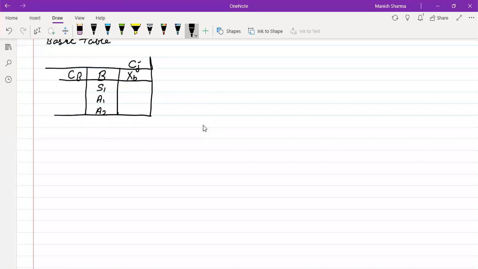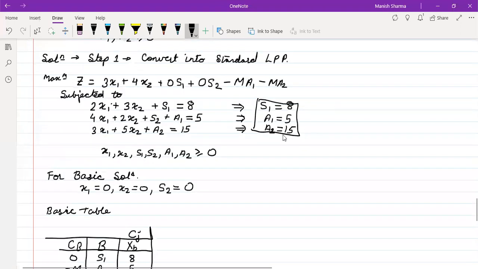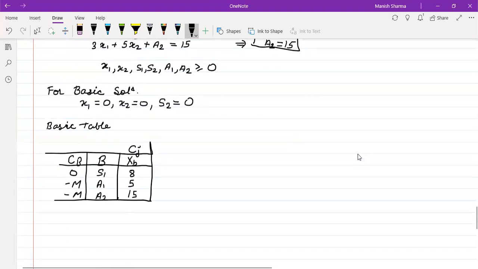Then we have coefficients as 0, minus M, minus M. Values as 8, 5, 15, isn't it? We have calculated it right now. 8, 5, 15. Then we will write here the decision variables.